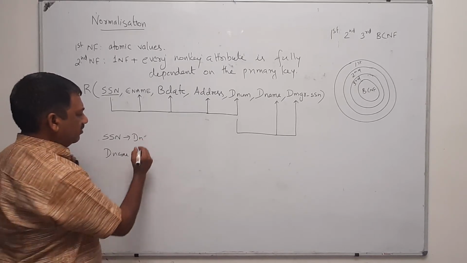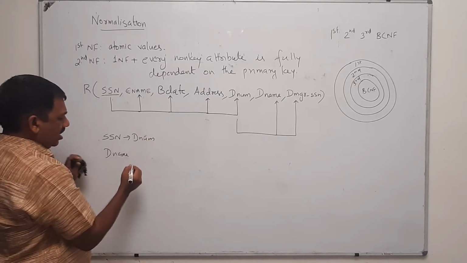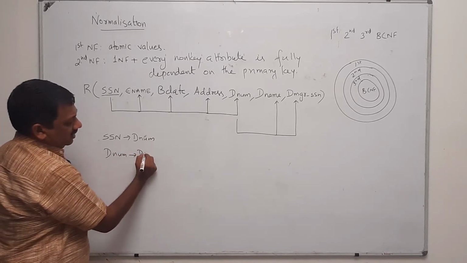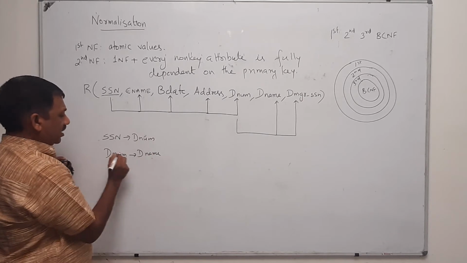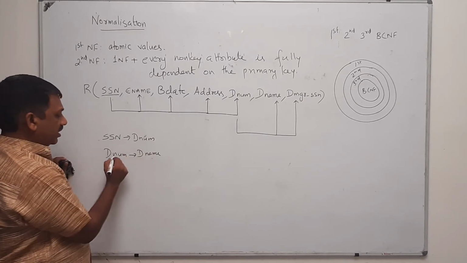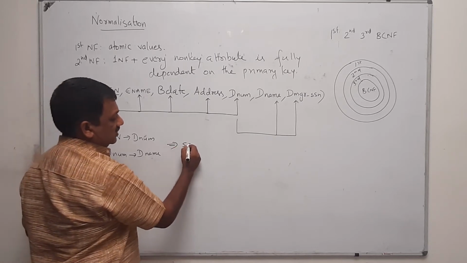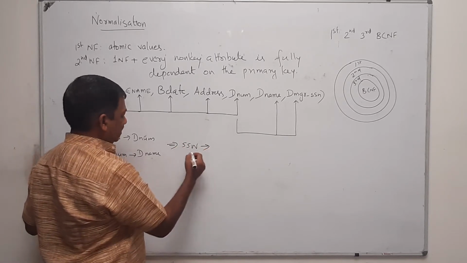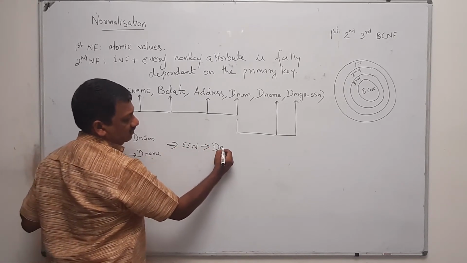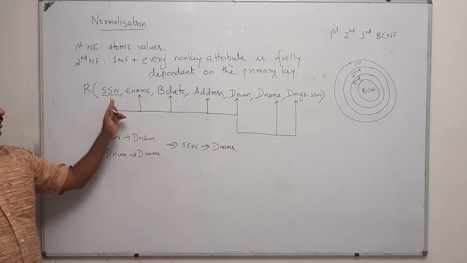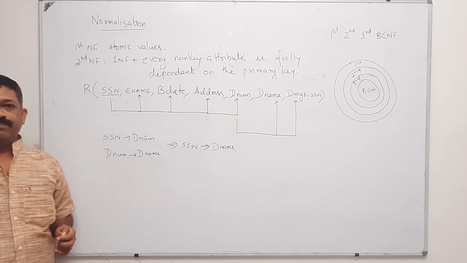SSN determines D number, and D number determines D name, which implies SSN determines D name. So this is a transitive dependency.